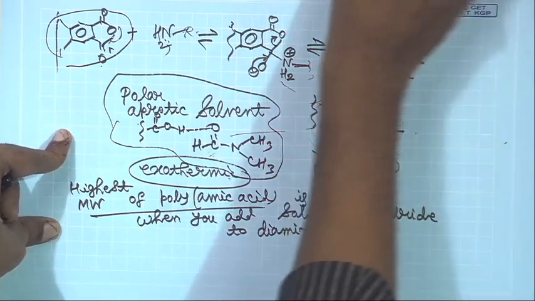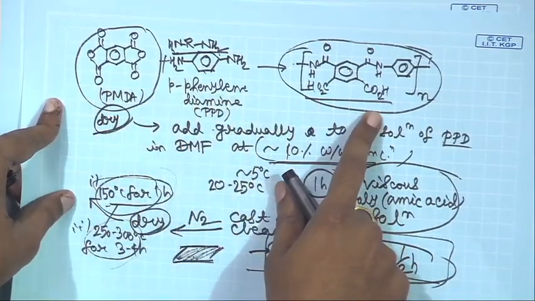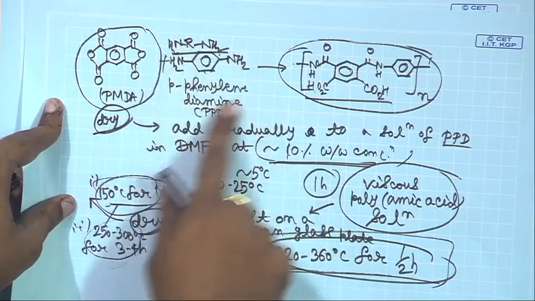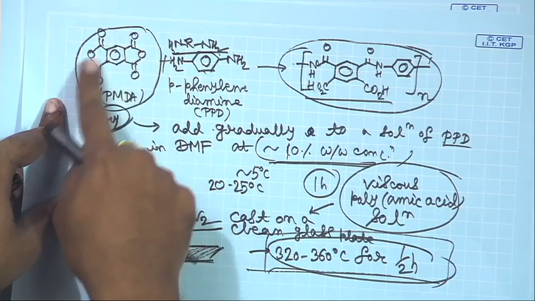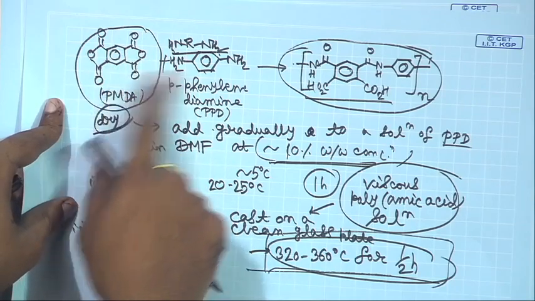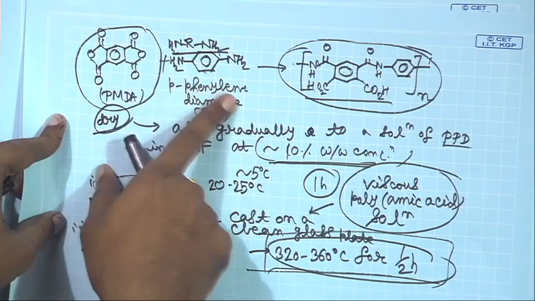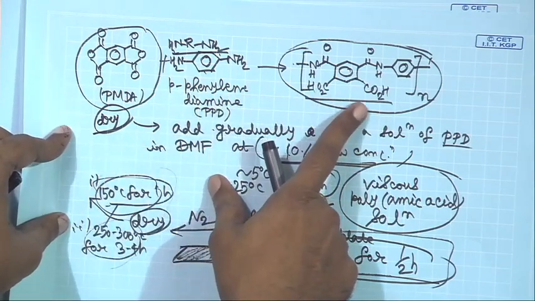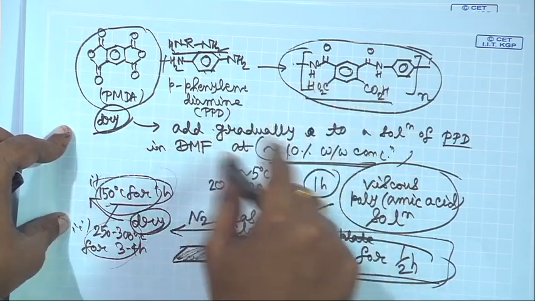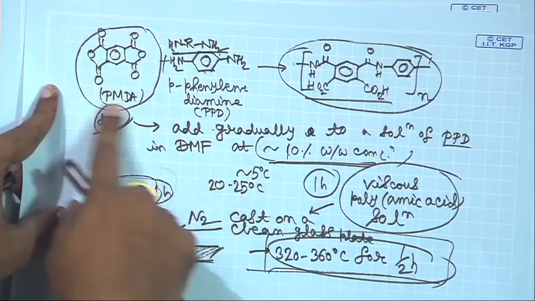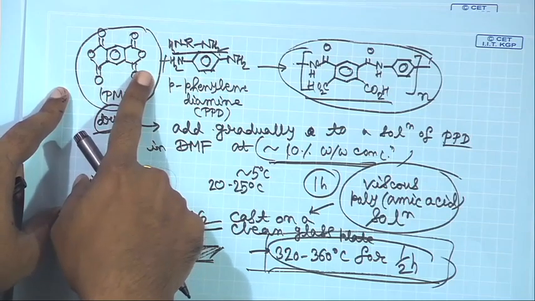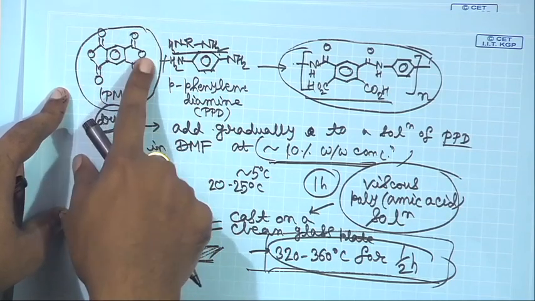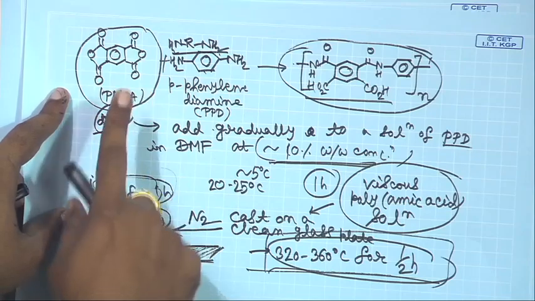I already told this before, that in order to do the reaction, for this particular reaction we had explained, you start with a solution of the diamine and you add the solid, in this case pyromellitic dianhydride, to the diamine gradually. So, if you do like this, you will get very high molecular weight polymer. Why is that so? Because these aromatic dianhydrides are known to react with water. Of course, they will take water up and then they will just open this up. So, they can react with water.